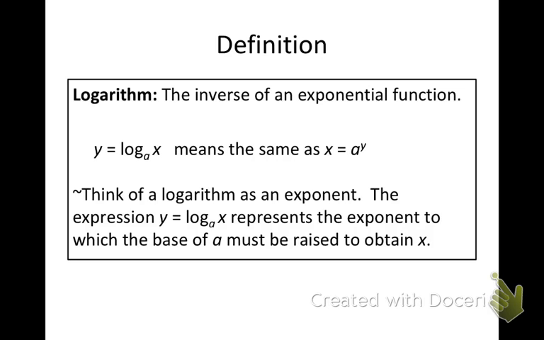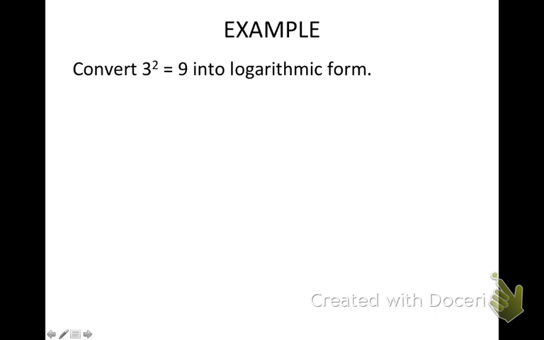All right. So, if we had the exponential equation, 3 squared equals 9, we want to rewrite it into logarithmic form. What is the base of that whole entire power? 3. So that's going to become the base of my log. So it's log base 3, and then we put the 9 next to it, and then throw my exponent off to the right.